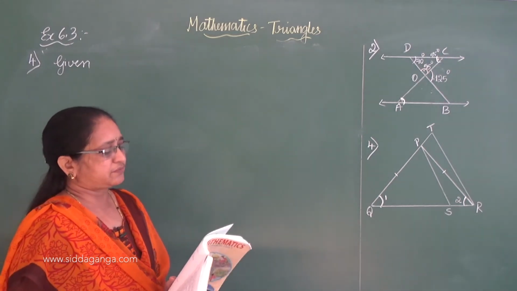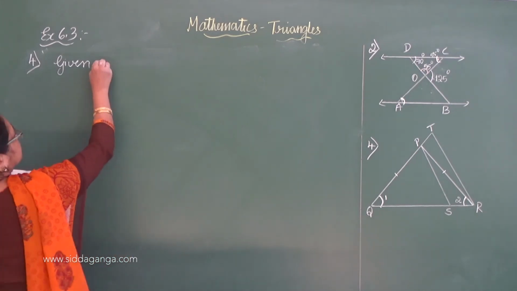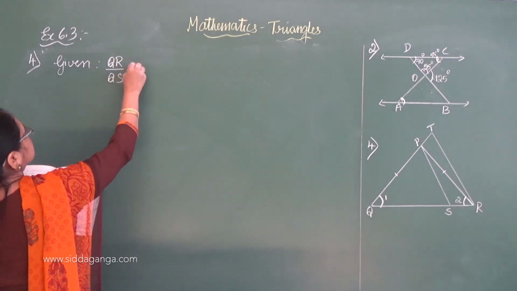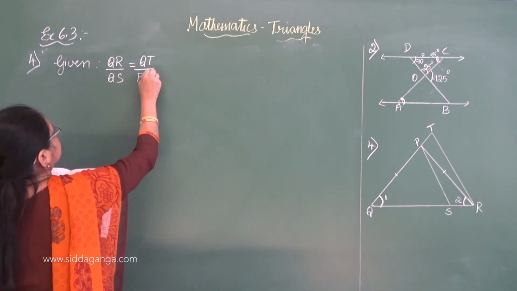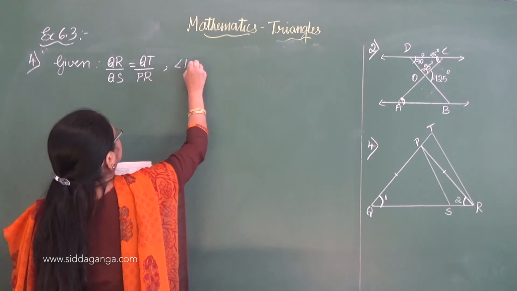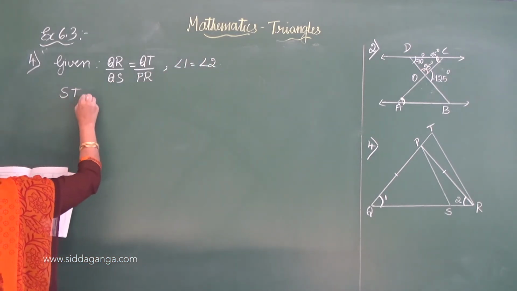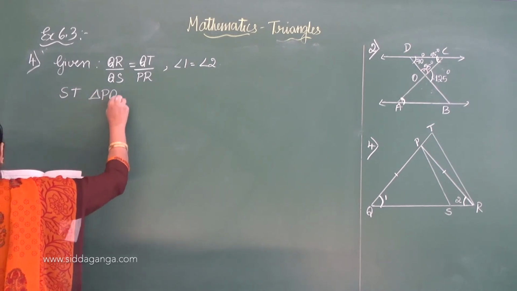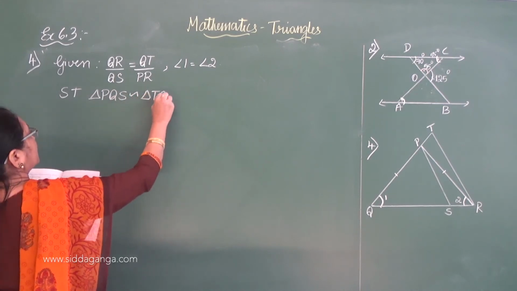And also they have given QR by QS is equal to QT by PR, and also angle 1 is equal to angle 2. Now what you have to show is that triangle PQS is similar to triangle TQR.